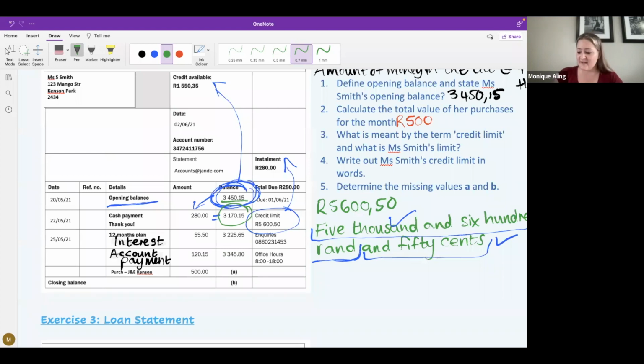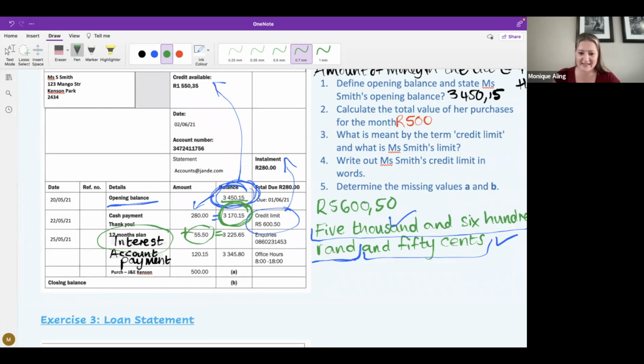Then we can see interest comes into play, because remember, whenever you borrow money, interest is going to get involved and you're going to have to pay a little bit extra. So now, because she's loaning money, she has to pay 55 Rand and 50 cents in interest. So we take that 3,170, which she brought down by paying a little bit, but now we have to add interest. So her new total now is going to be 3,225.65.